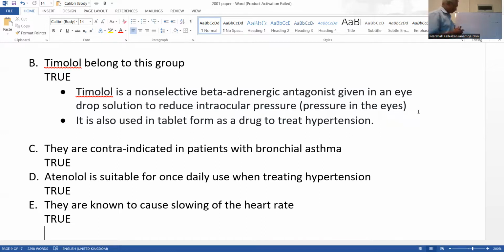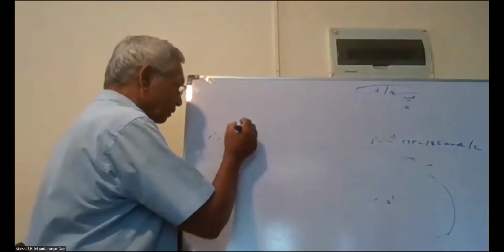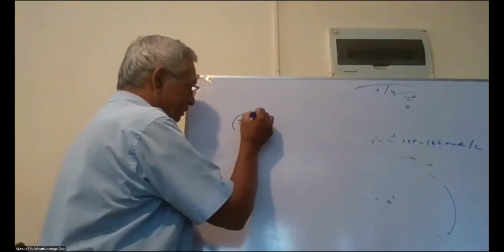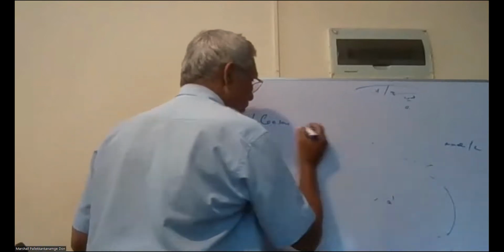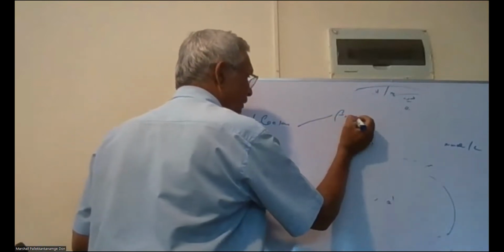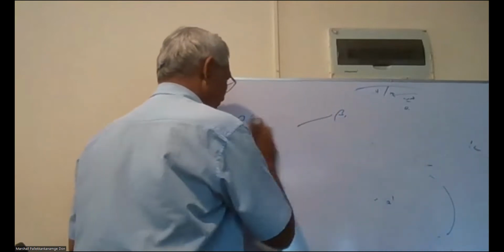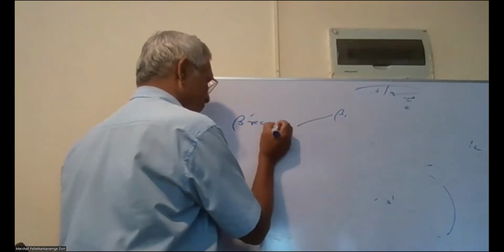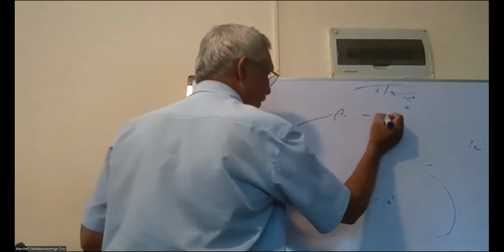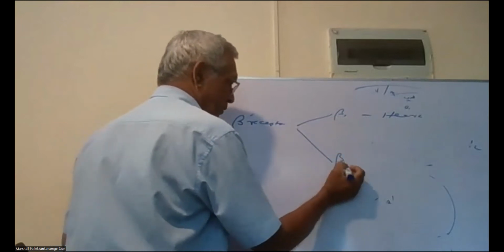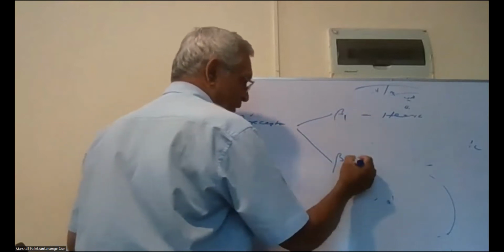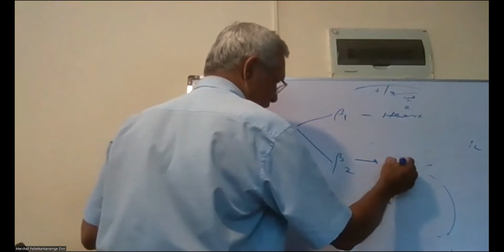One is beta 1, beta 2. Beta 1 is in the heart. Beta 1 here, beta 2 mainly in lungs.